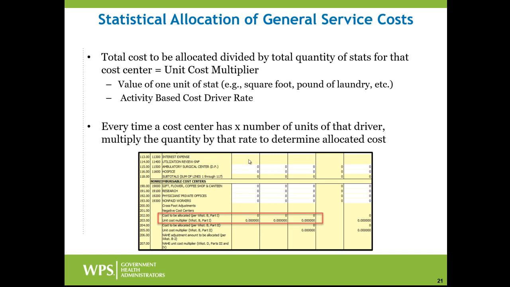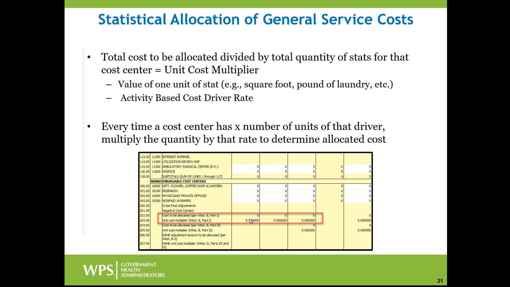So this is an excerpt from B-1 at the very bottom, lines 202 and 203. Every cost center has its own unit cost multiplier. To use another accounting concept, it's just an activity-based cost driver rate. So it's the rate per square foot that each department is going to get.